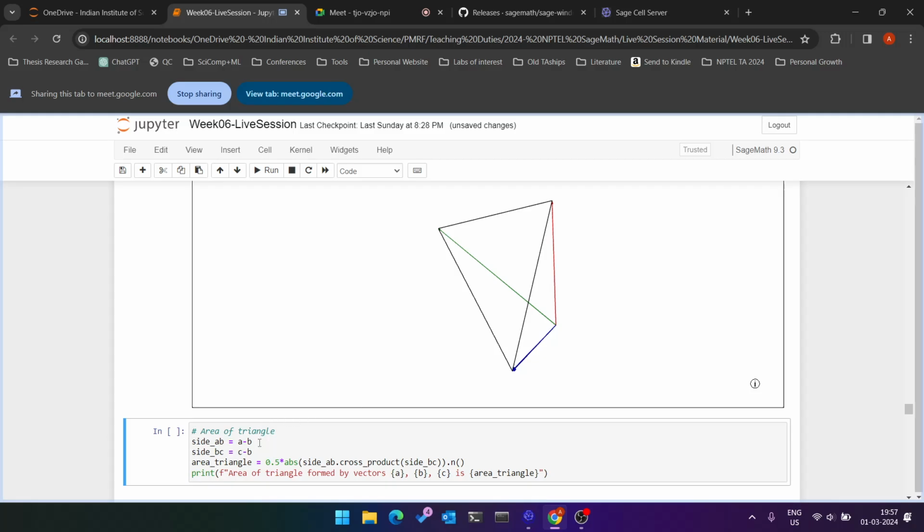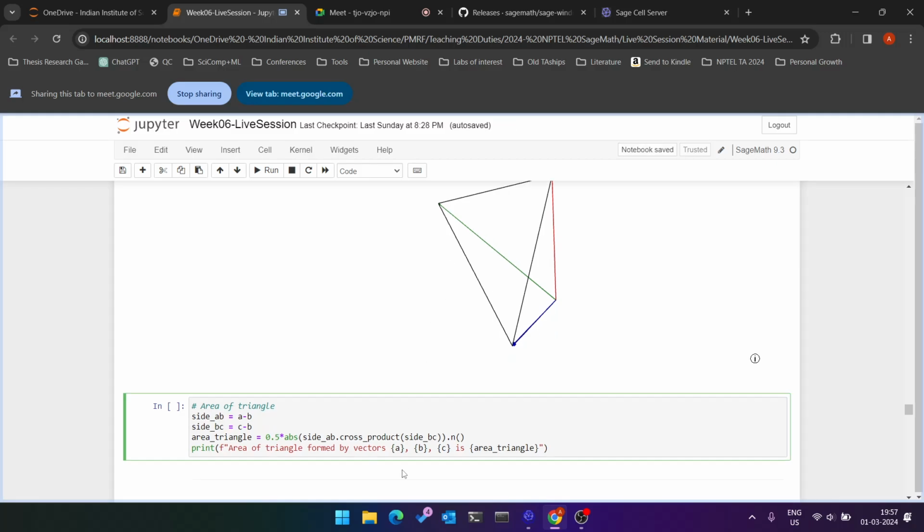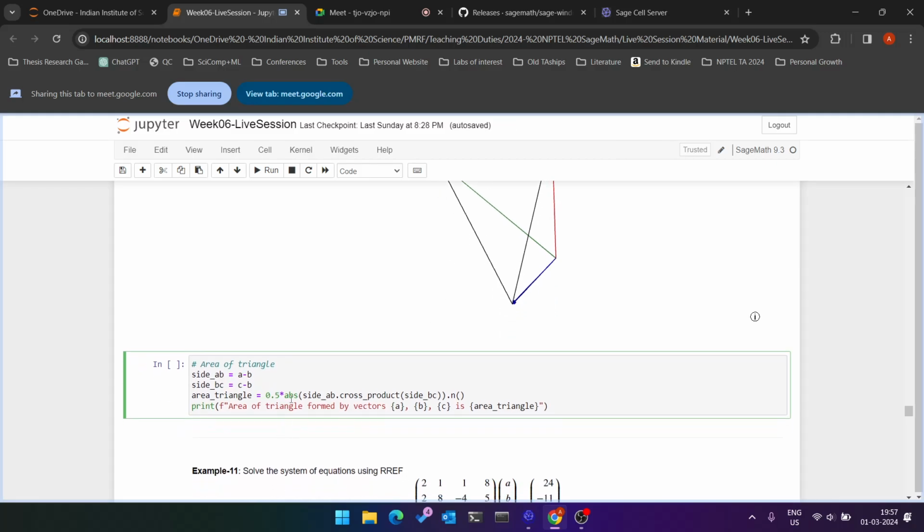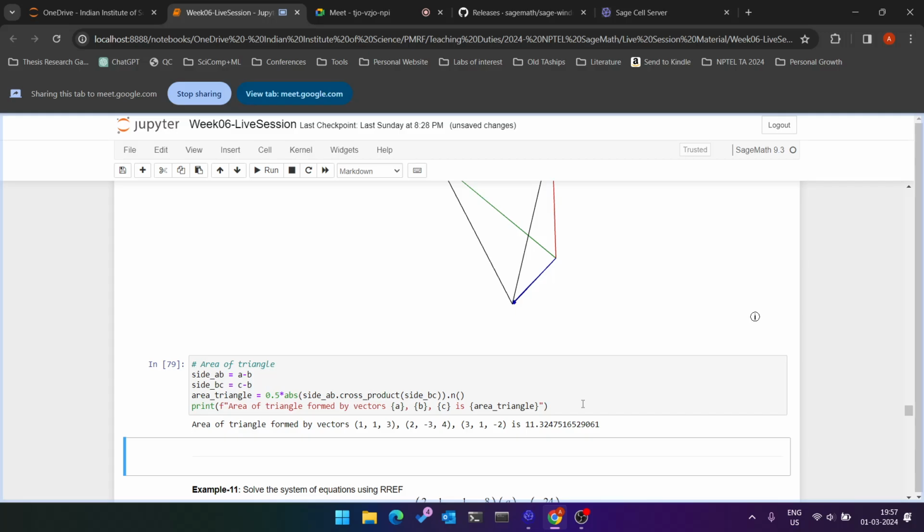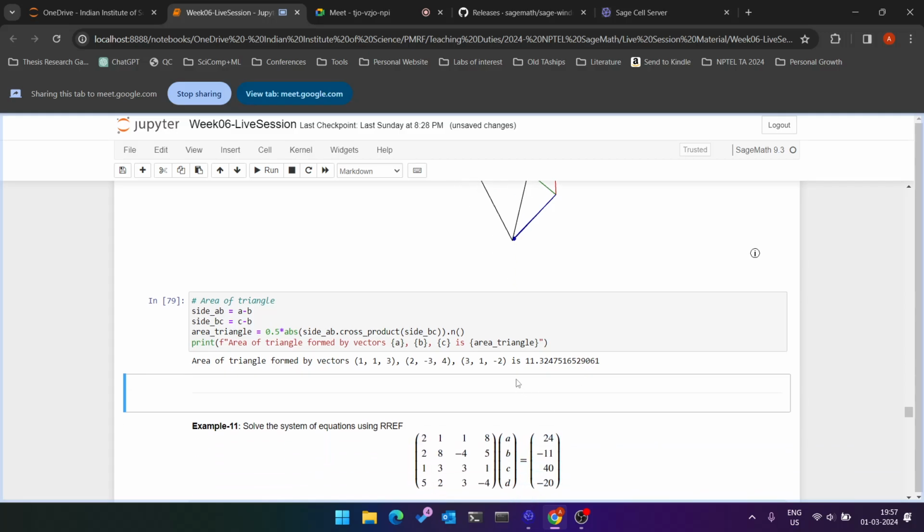So to do that, we are defining side AB as A minus B and side BC as C minus B. So side AB, side BC, and then basically taking the cross product of this vector with this vector, dividing it by half, and calculating its absolute value gives me the area of the triangle. So the area of this triangle is 11.324.